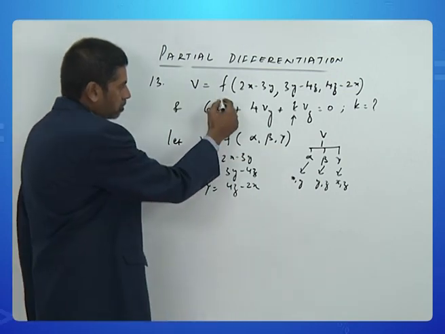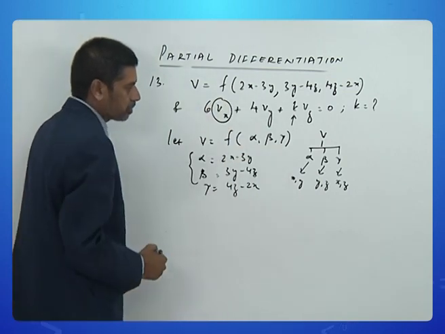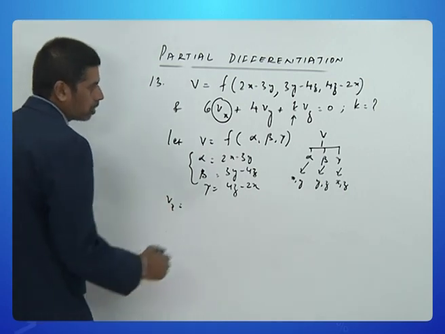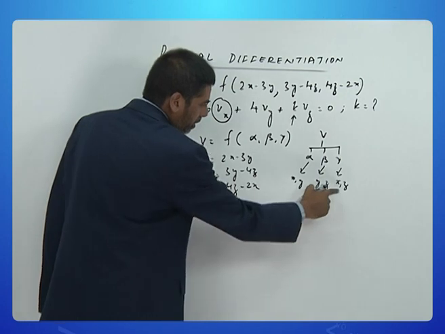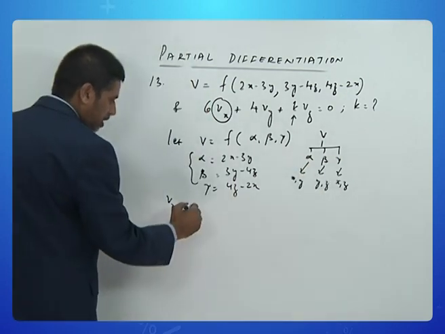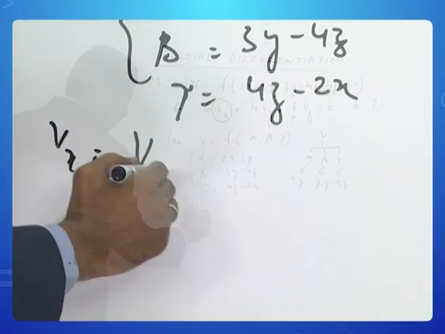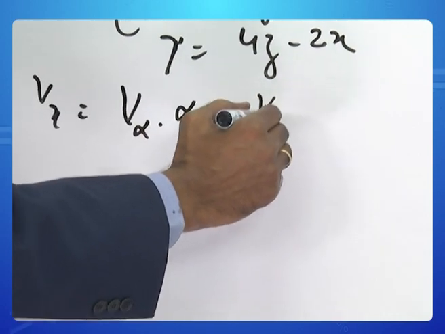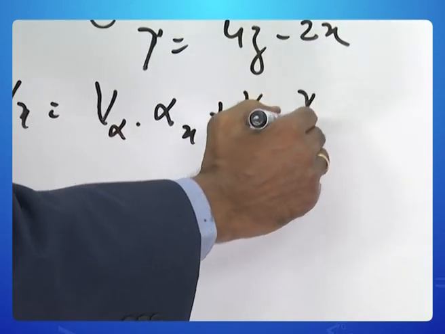Now, let's find out Vx. X is present here and here. So, it is connected to alpha and gamma. So, we can say it is V alpha into alpha x plus V gamma into gamma x.